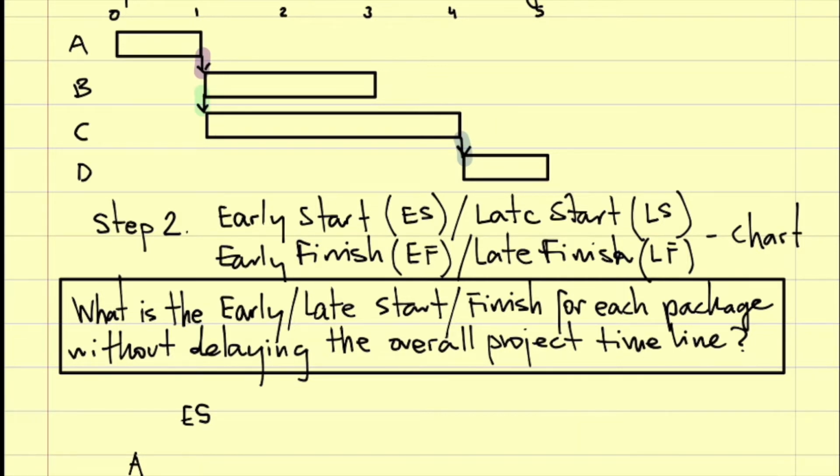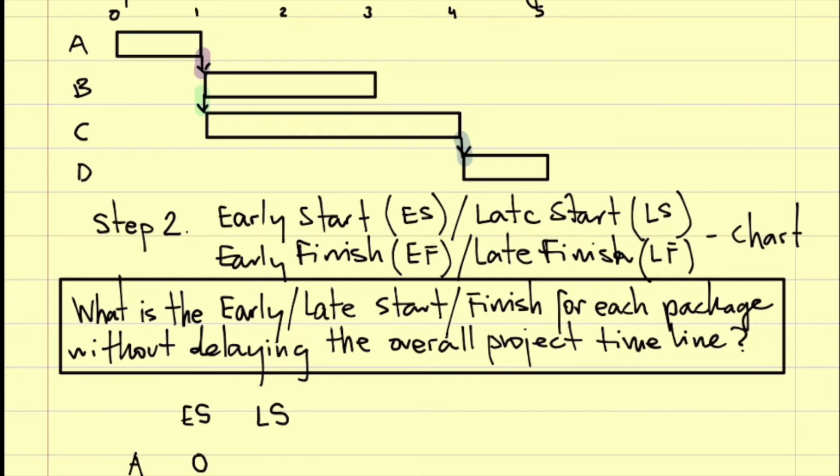That's why. So for work package A, what is the earliest start of work package A here without delaying the overall project performance? 0. Early start is 0. What is the late start without delaying the overall performance? 0.